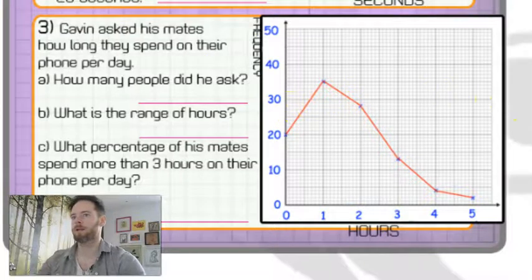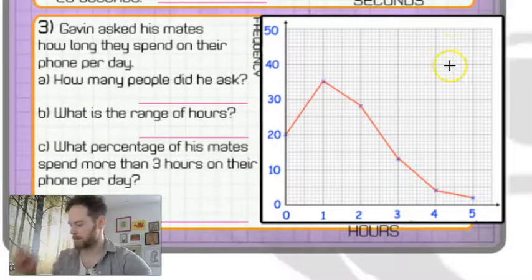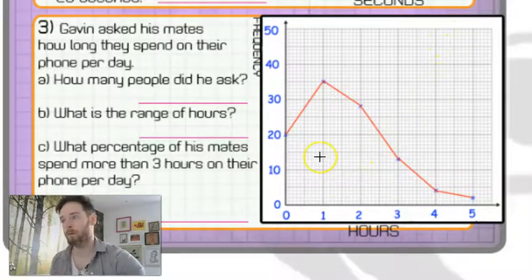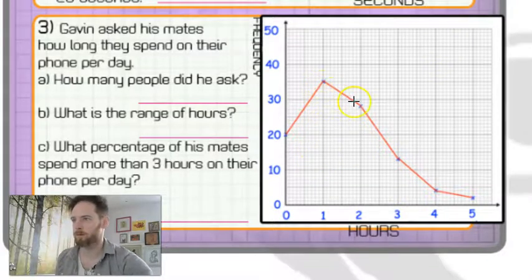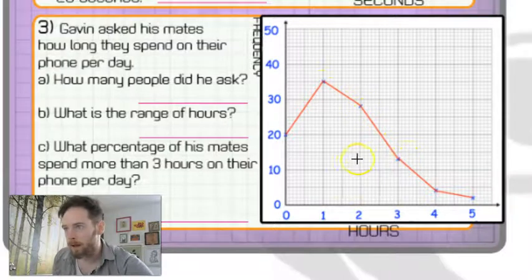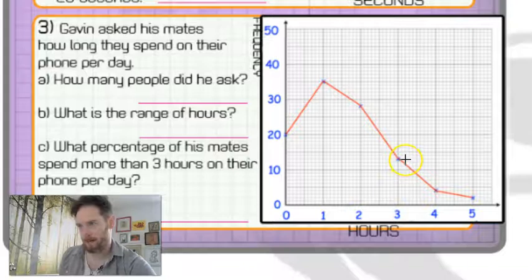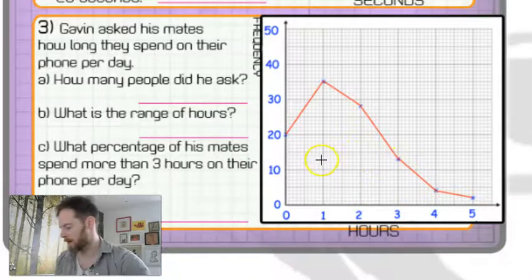Okay, so I'm going to get my calculator in for this because I can't be faffed to work it out. In fact, the calculator doesn't pop up when I've zoomed in. That's annoying. I'm just going to use my calculator I've got in front of me. So we're going to go 20 plus 35 plus 28. So there's my first 3 numbers. This one is 10, 11, 12, 13, I think. So we'll add 13 there.